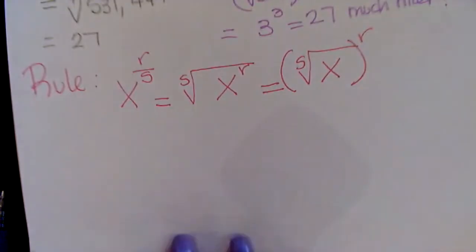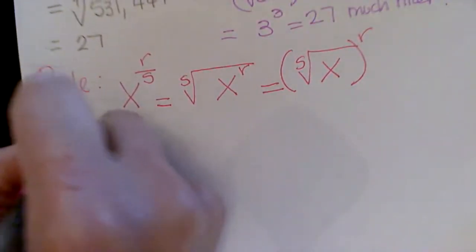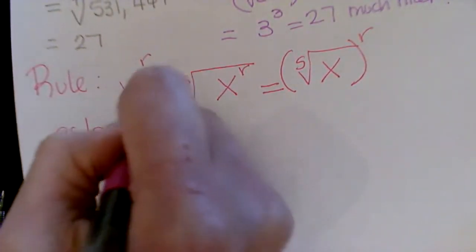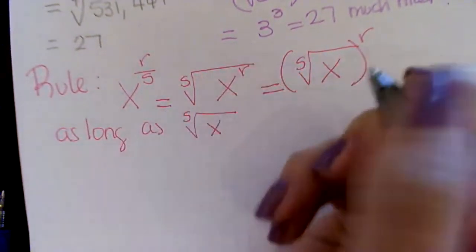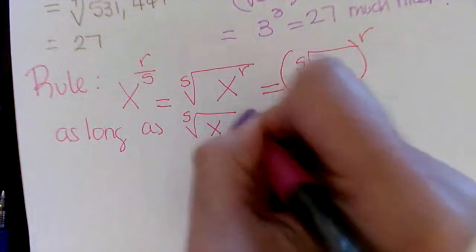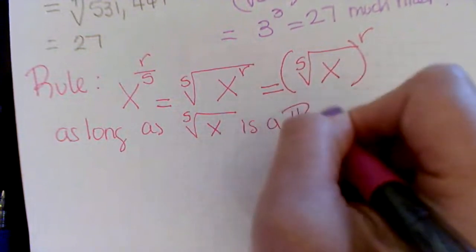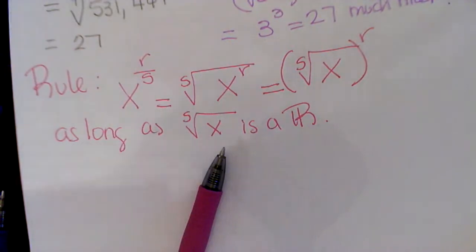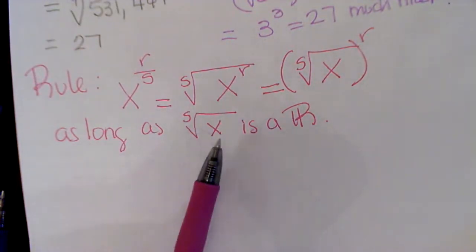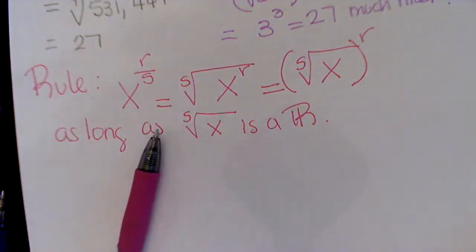All of this is possible as long as the s-th root of x is a real number. So we need to verify this part first before we do anything. So let's do these exercises.